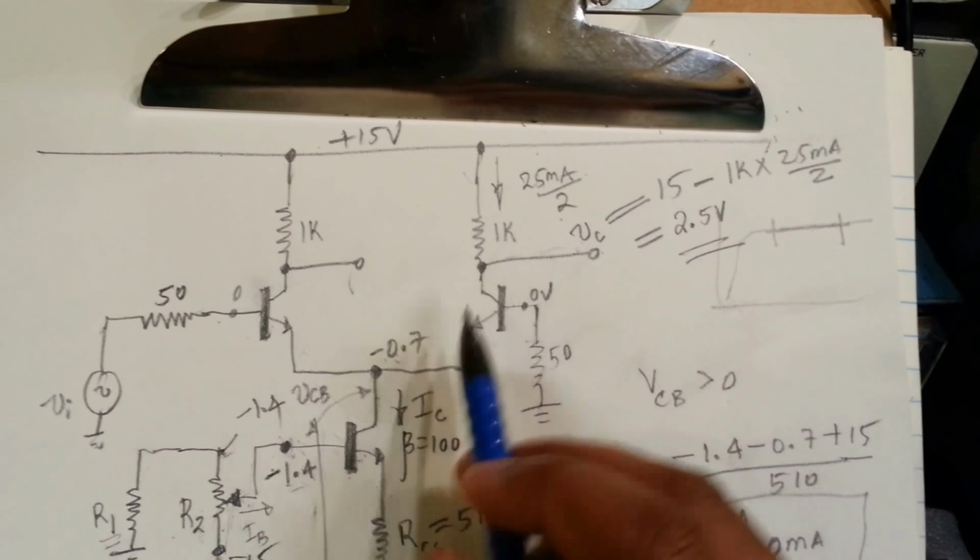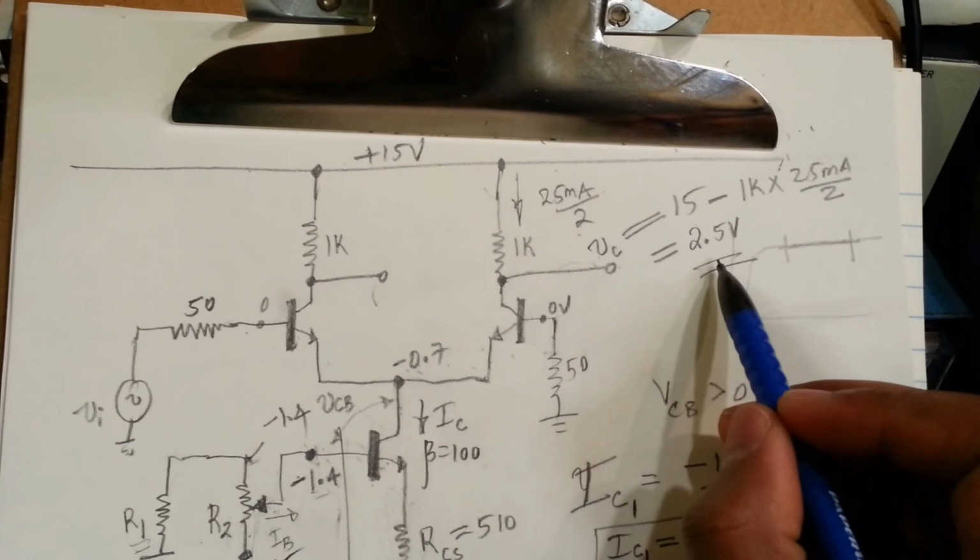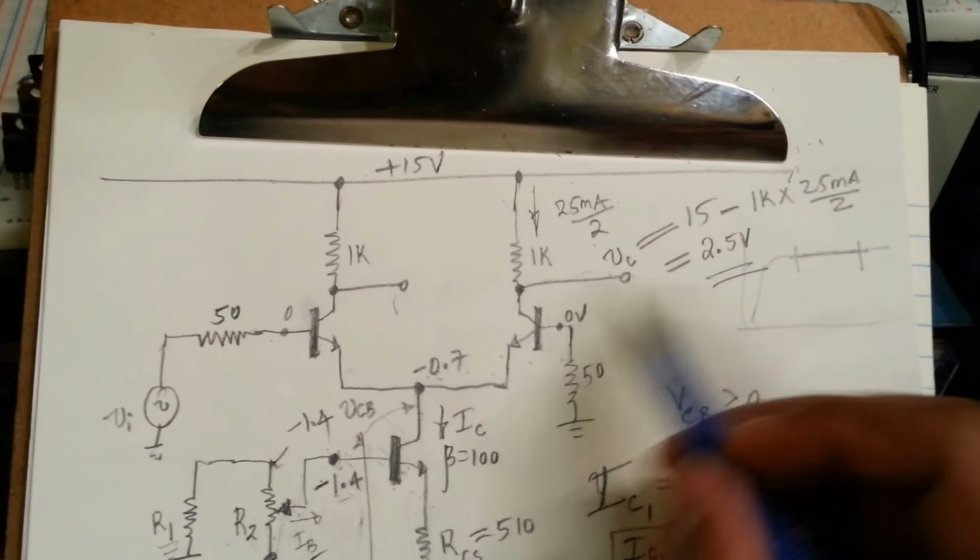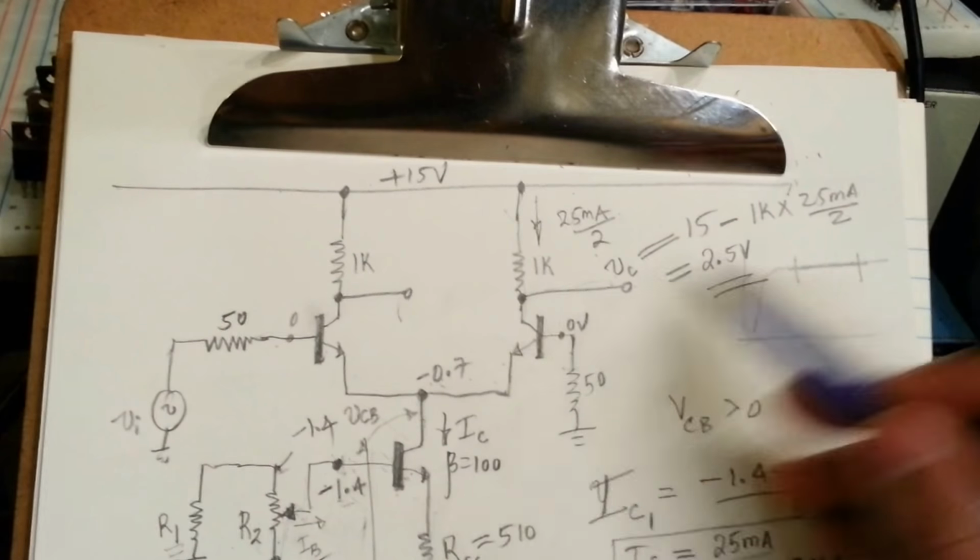So as you can see, the voltage here will hit 2.5 volts at our maximum collector current.